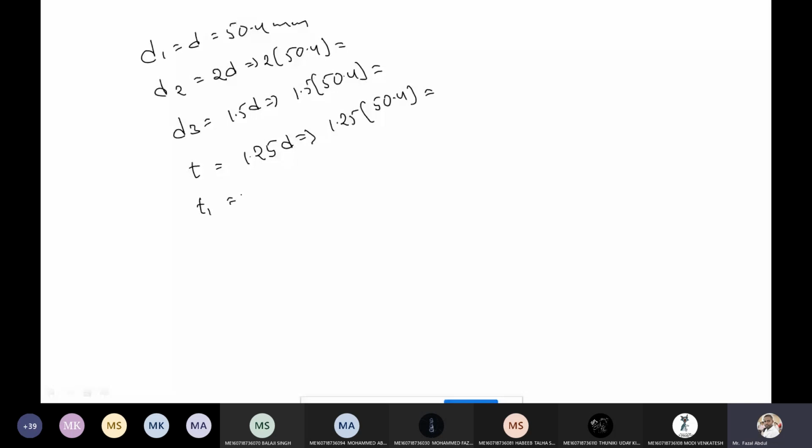And t1, what is t1? Thickness of the fork, that is 0.75 into D, that is 0.75 into 50.4.